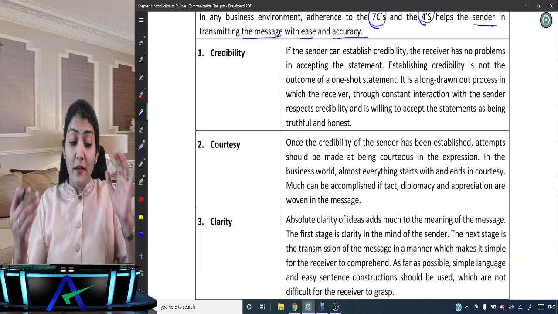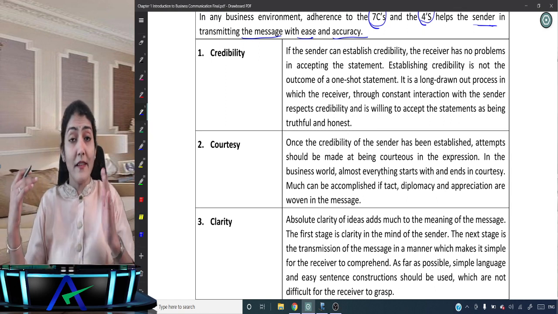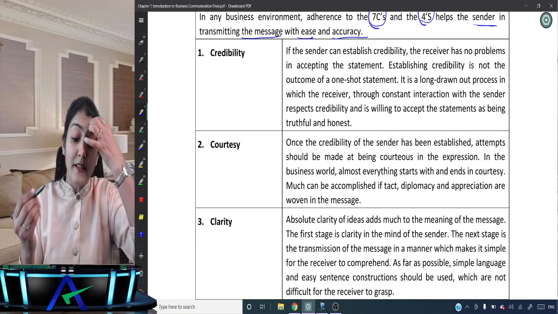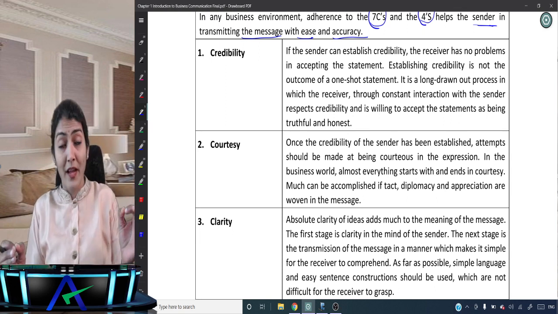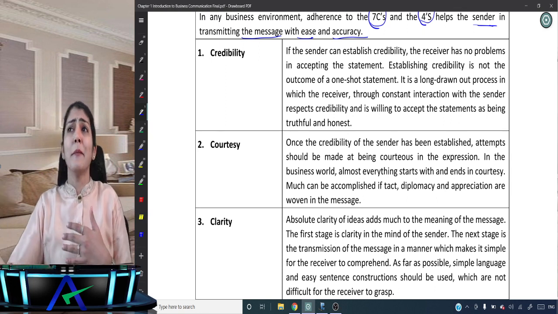So now we are going to study the 7 C's and then the 4 S's, right? What is the first C over there? Credibility. Credibility means some people have an image.